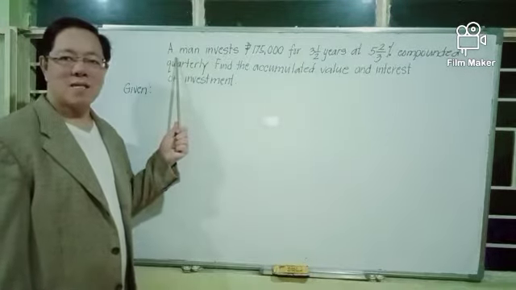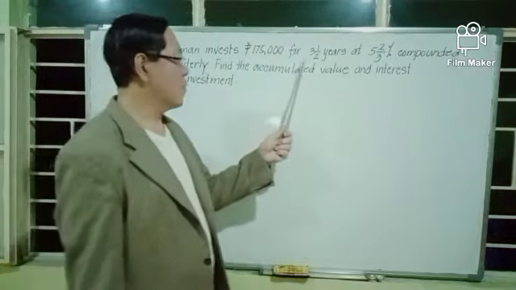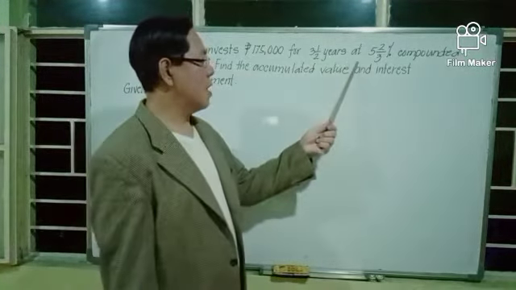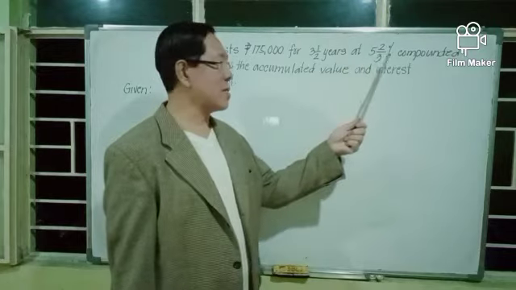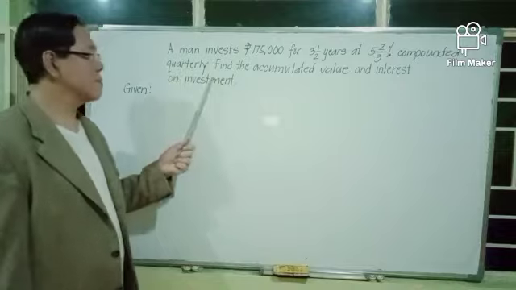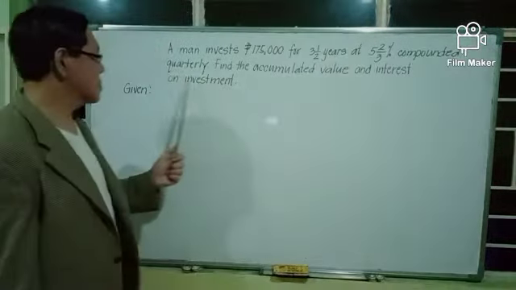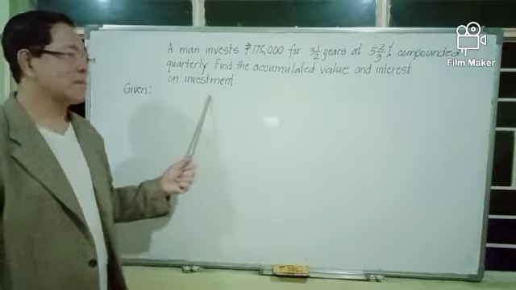A man invests 175,000 pesos for 3.5 years at 5 2/3% compounded quarterly. Find the accumulated value and interest on investment.